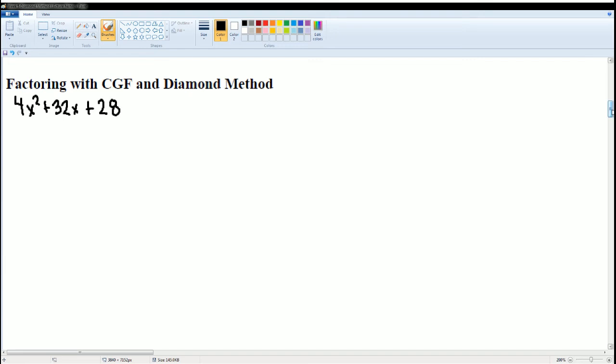Notice that in this case, if I set up the diamond and I just went a is equal to the number in front, which is 4, then b equals 32, and then c equals 28, because again these are the terms, then if I set this up, it's going to get really, really large.